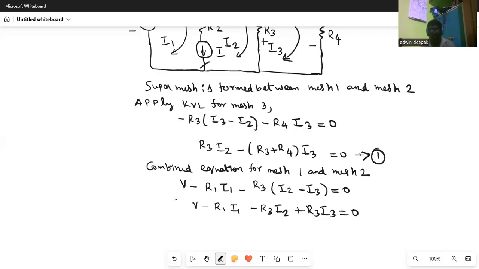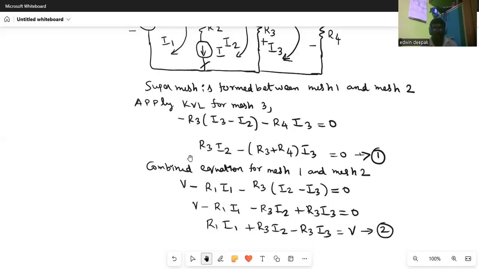Shifting this term to the right hand side, we get R1 I1 plus R3 into I2 minus R3 into I3, with V on the other side. Shifting all these terms, we get this equation 2.